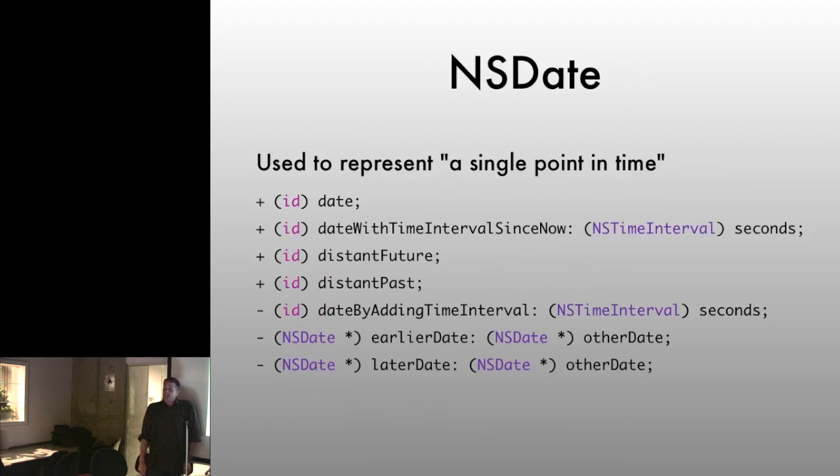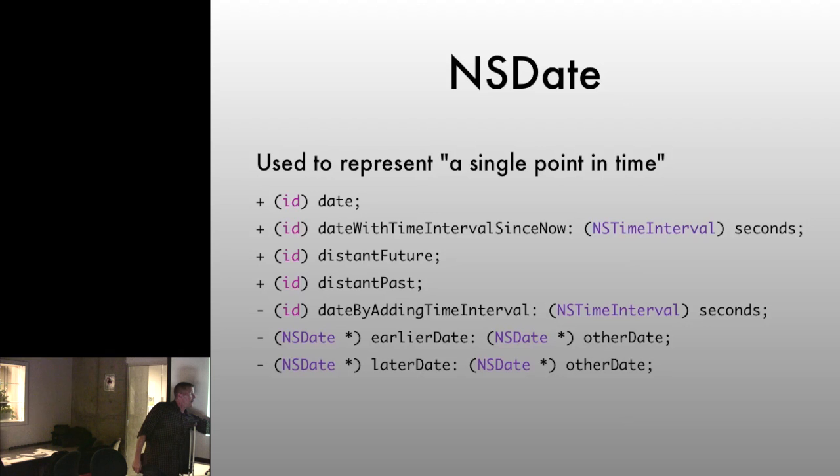So NSDate is something that you saw last time. NSDate is underlying architecture you don't need to worry about, but it represents just one single point in time. You can create them with the class method date.